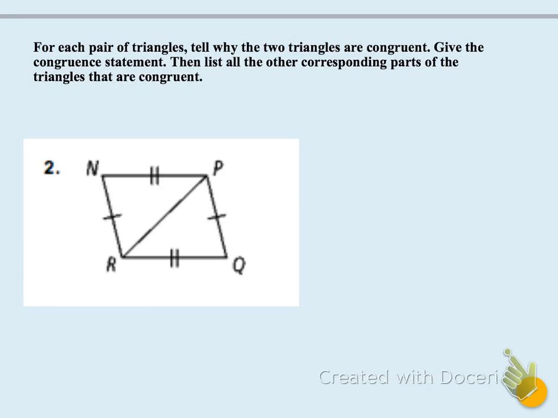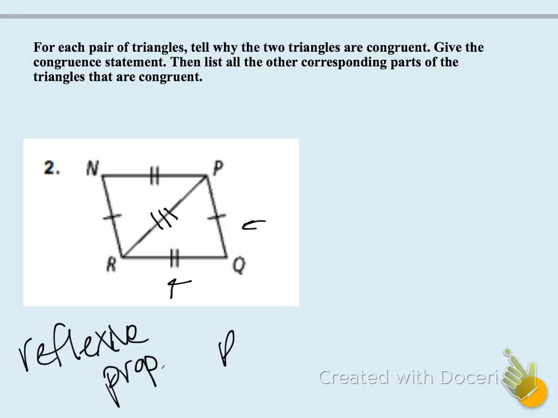So for each pair of triangles, tell why the two triangles are congruent, give the congruence statement, then list all the corresponding parts of the triangle that are also congruent. Okay, so by the reflexive property, we already have two sides that equal each other, and since RP is shared for both of them, we know by the reflexive property that RP is congruent to PR.